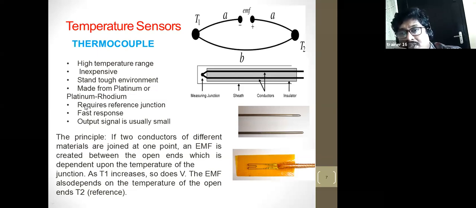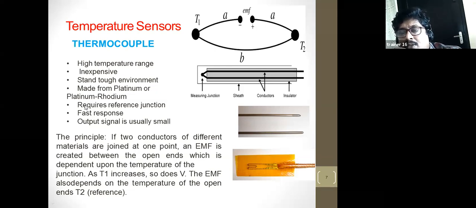EMF is nothing but electromotive force, voltage. This voltage is, in turn, the temperature by calibration. So the thermocouple is a measurement of temperature. The working principle I mentioned is the Seebeck effect.